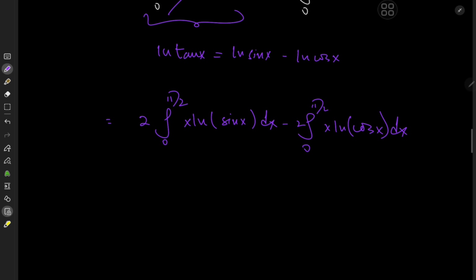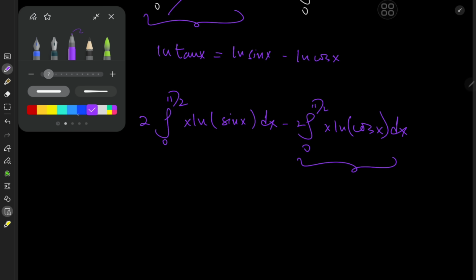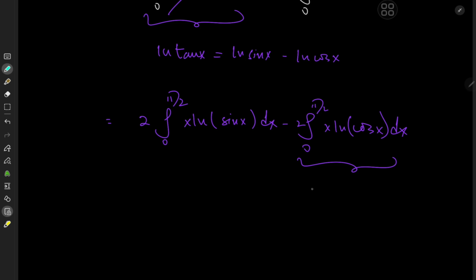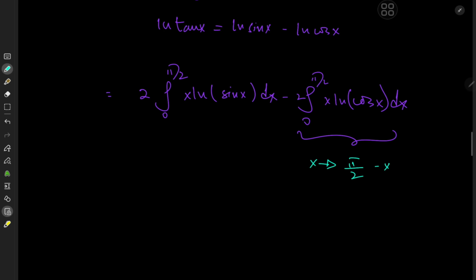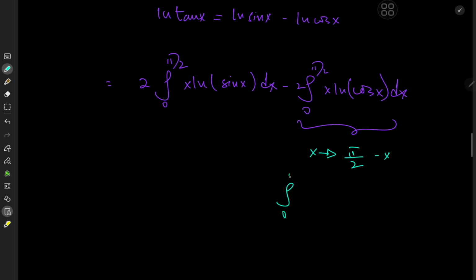Okay, cool. Now I could do another phase shift. I mean, yeah, why not? Where is the preferred color in this case? Okay, let's go with this guy. So if I go from the x realm to the pi over 2 minus x realm, I will have the integral from 0 to pi over 2 of pi over 2 minus x times log cosine of pi over 2 minus x, which is just sine x, dx.